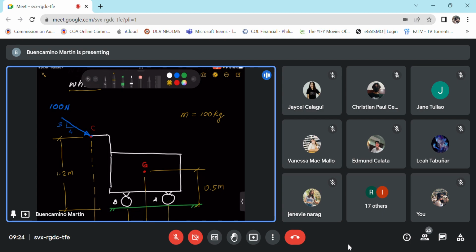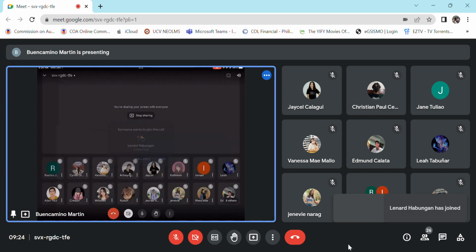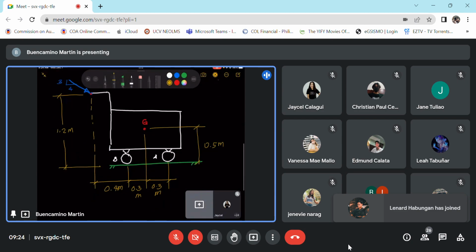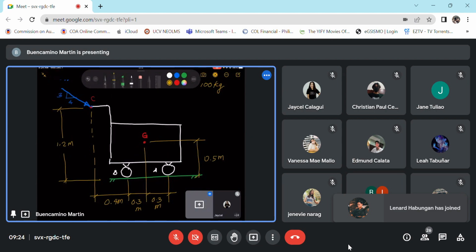And if we're going to draw the free body diagram of the cart, one force would be acting on the center of gravity.